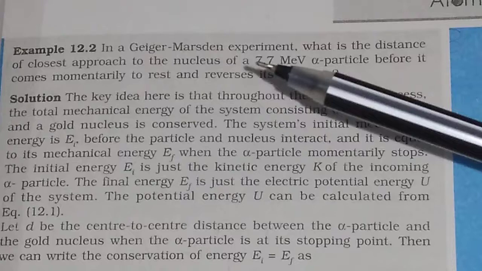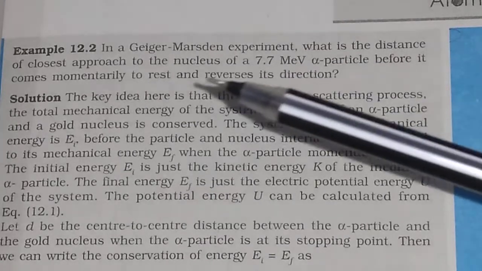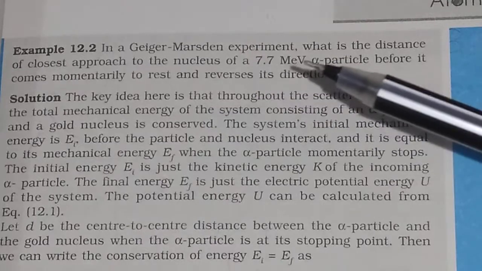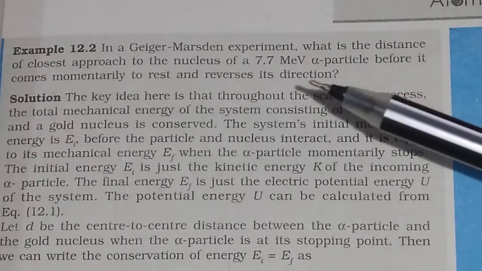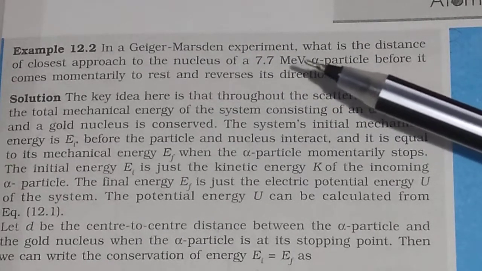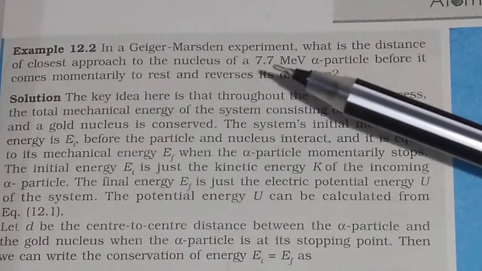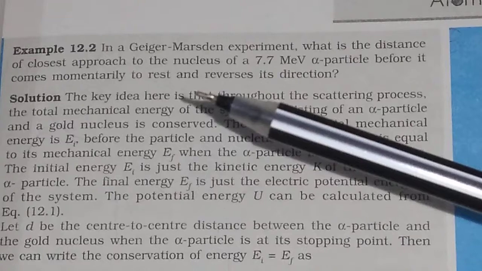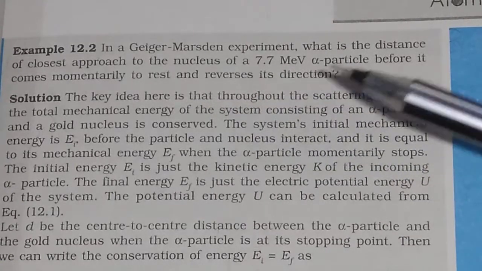In the Geiger-Marsden experiment, what is the distance of closest approach to the nucleus for a scattered alpha particle of energy 7.7 MeV before it comes momentarily to rest and reverses its direction?